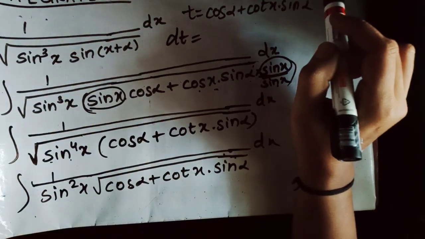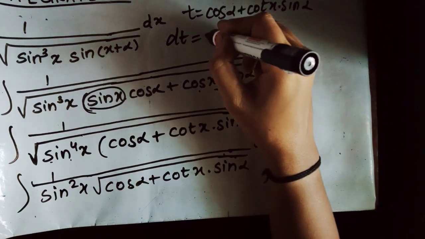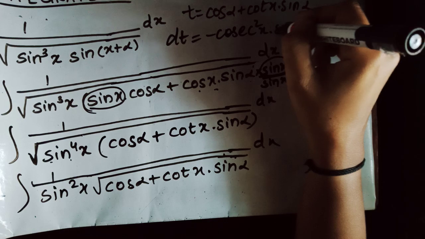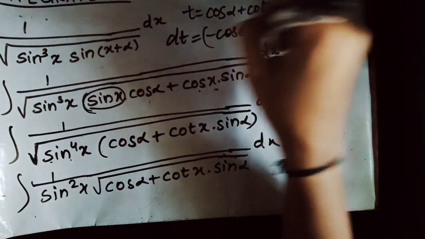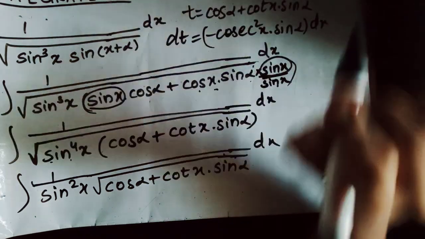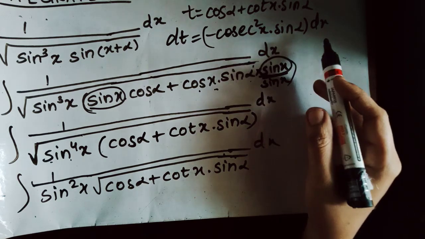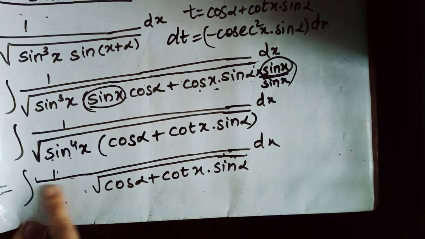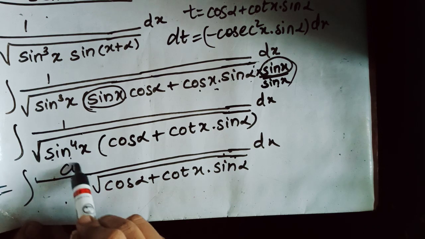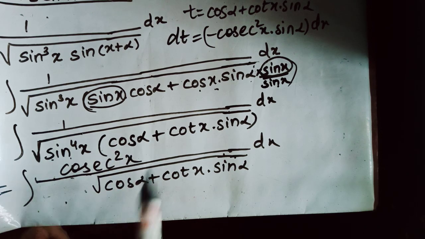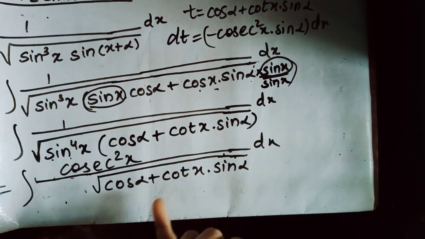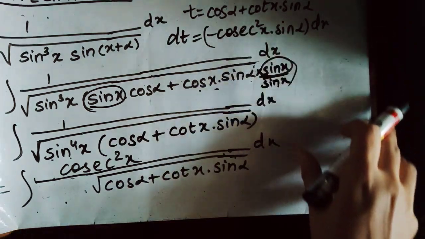Derivative of cot x is minus cosec square x, and into sin alpha, and this is dx, correct. This is your dt. Now this 1 upon sin square x, I can write it as cosec square x. So this becomes our dt, and the term which is below becomes our root t.